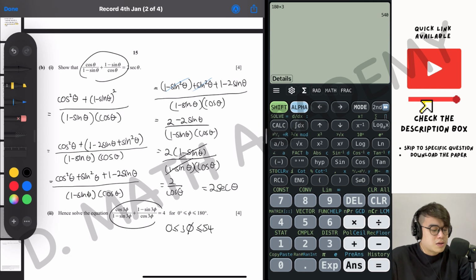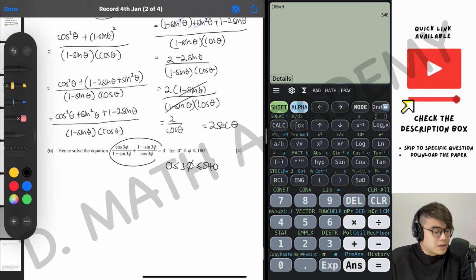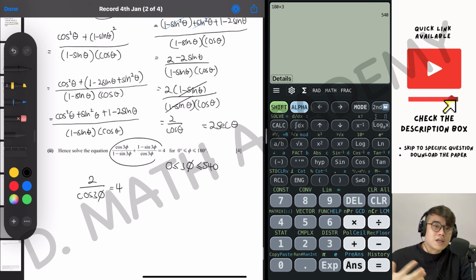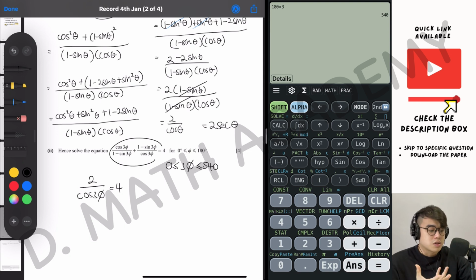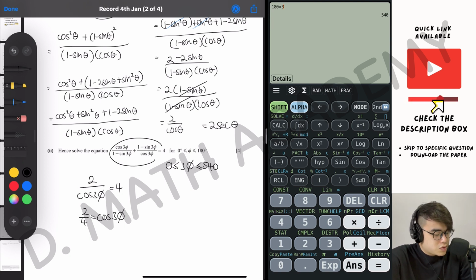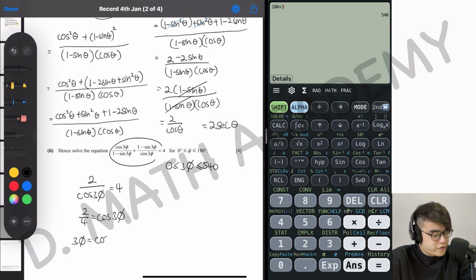And the other thing to take note was that you can replace it now into this form instead. The reason why I didn't use sec is because you can't key into a calculator. So just use cosine instead. So 2 over 4 equals to cosine 3 this. So 3 equals to cosine inverse 2 over 4.